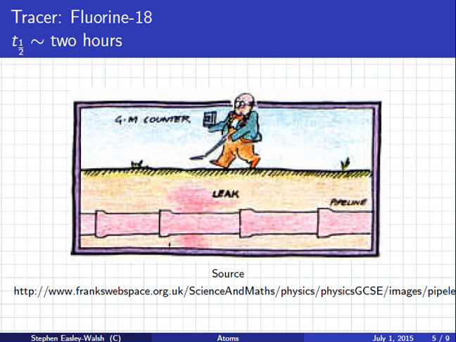Another thing to say about this, the radiation from the fluorine 18 is mostly gamma. This is also important. Why do you think it's important that the radiation is gamma? Mostly gamma. True, that's true. There's another reason too. There we go.